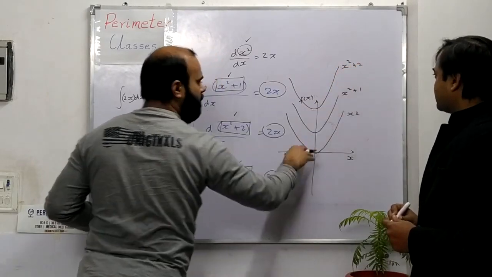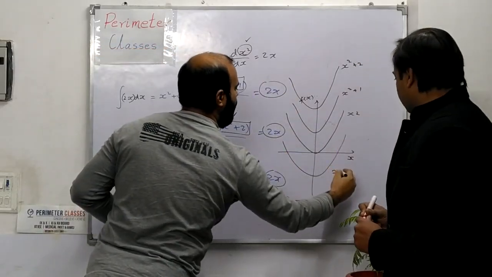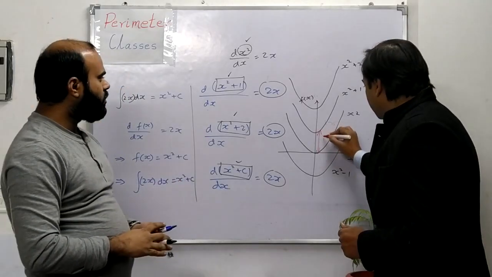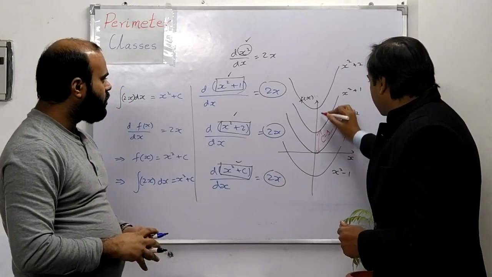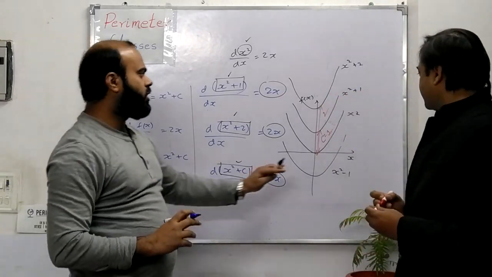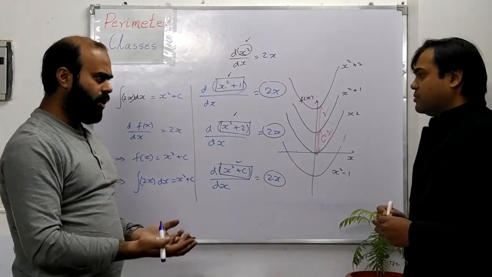All are shifting upward. If it is a negative sign, suppose x square minus 1, it will shift downwards. So this is the value of c here. In case it is 1, here it is 2, and so on. C could be 0, 1, 2, 3, or any real number.